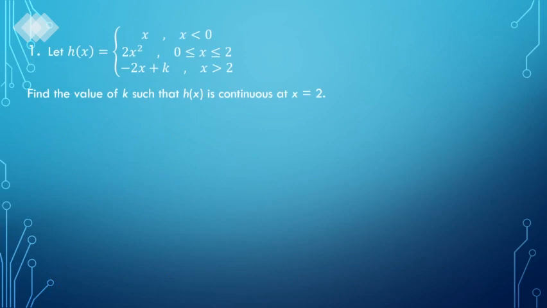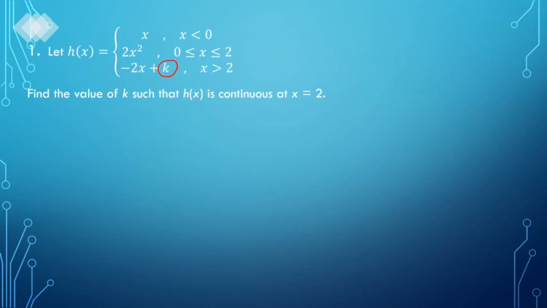Next, find the value of k such that h(x) is continuous at x equals 2.